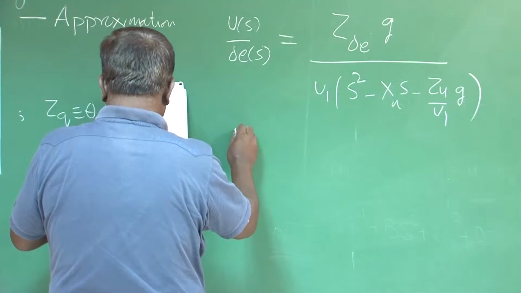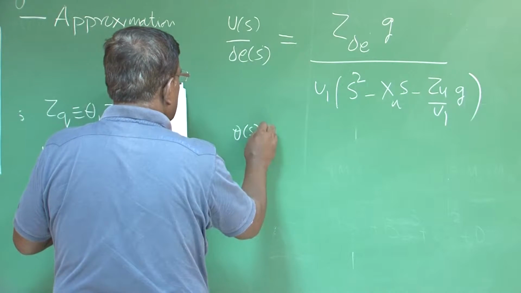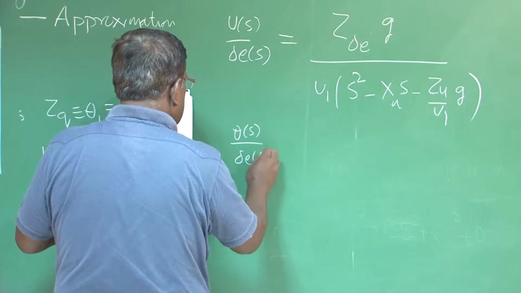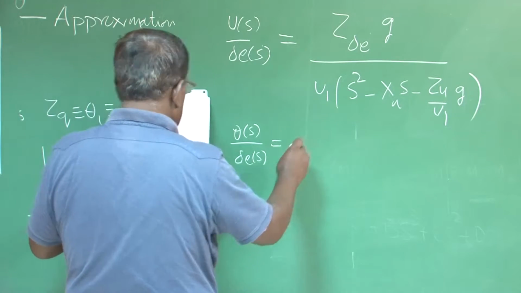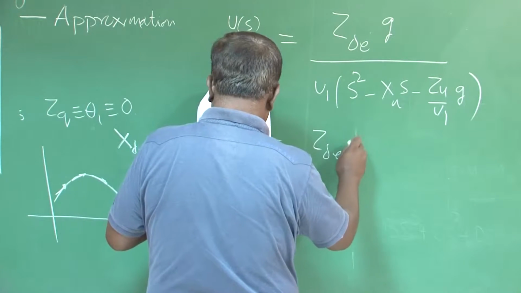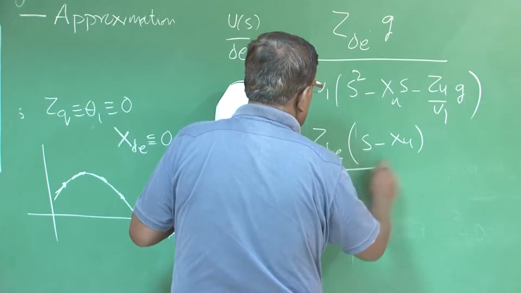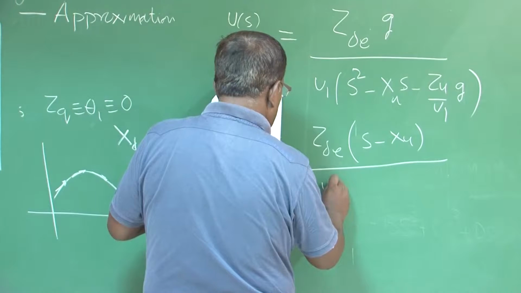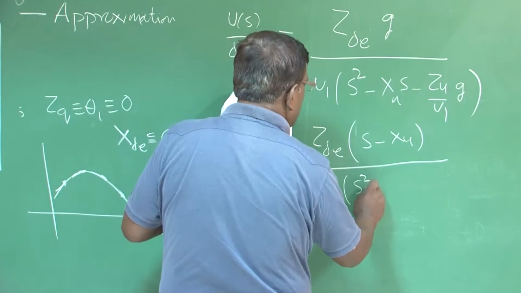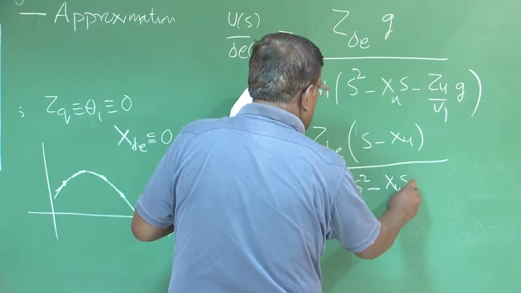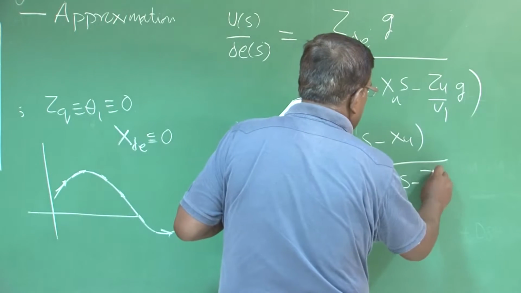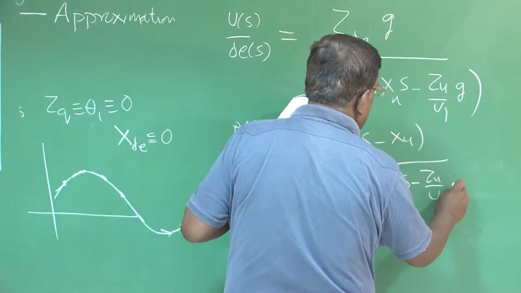Similarly, theta of s by delta u of s is given as z delta E into s minus xu divided by minus u1 s square minus xu s minus zu by u1 g.